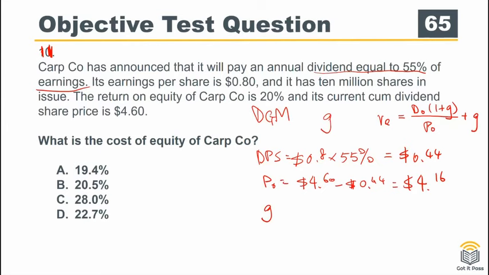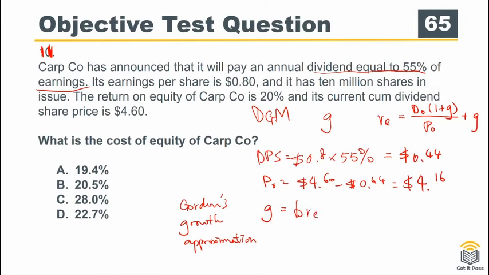How to get G? From the formula sheet, you know G, growth, Gordon's growth approximation. Okay, the formula is called Gordon's growth approximation. Formula for G is G equals b times r.